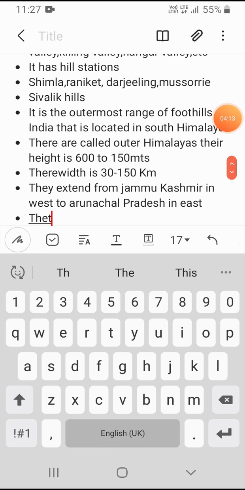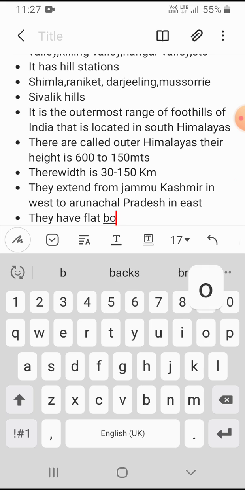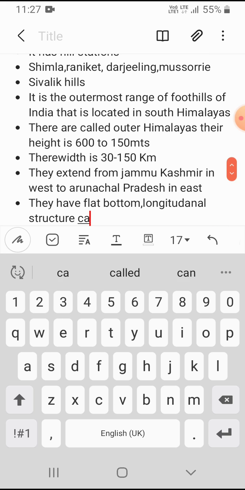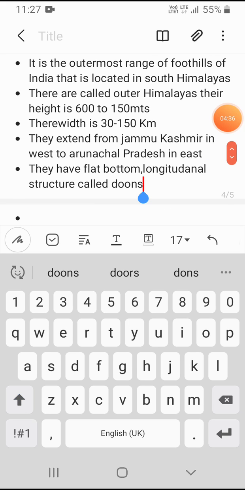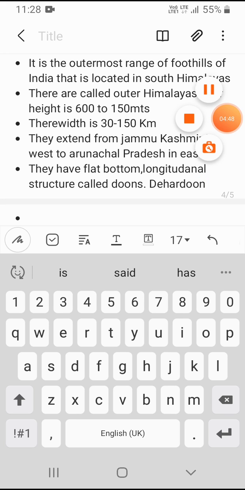So they have a flat bottom, with longitudinal structures called dunes. An example for that is Dehradun. Wait, I will show you what dunes are.